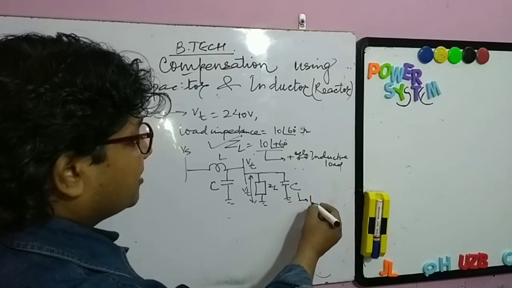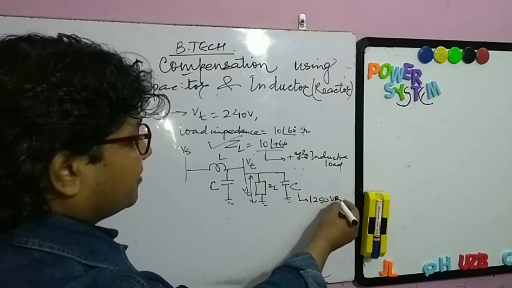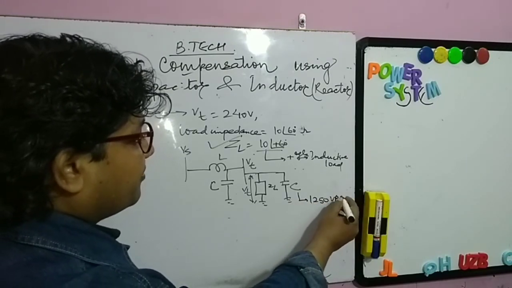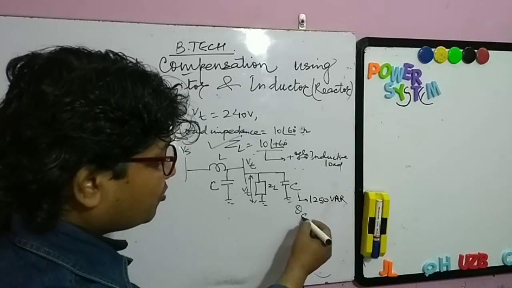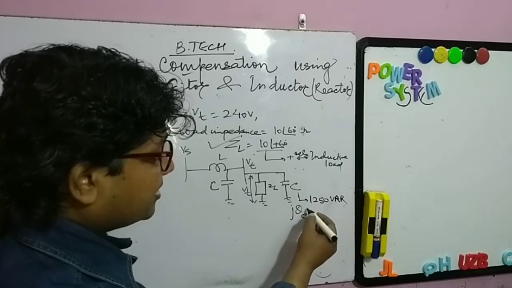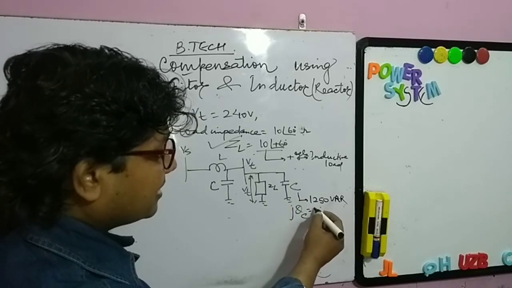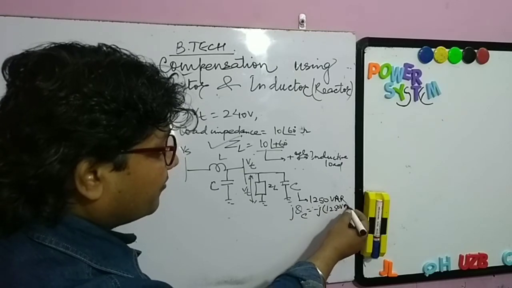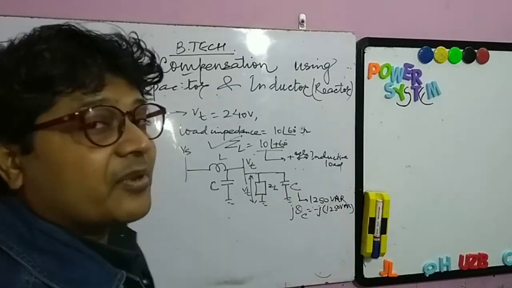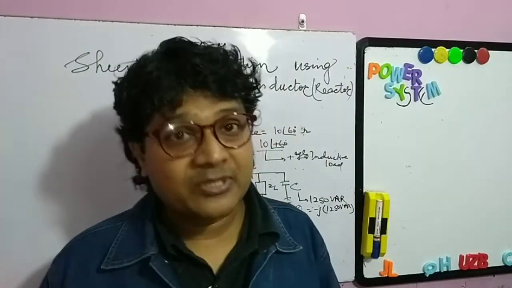So Q_C we can write as minus j 1250 var. This is the reactive power supplied by the capacitor.